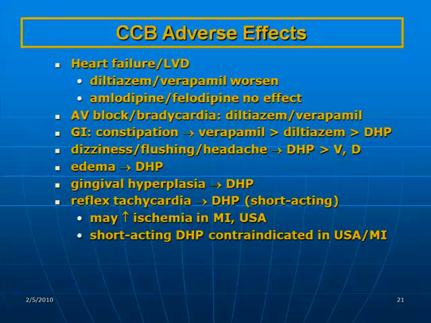Constipation, a movement of calcium in smooth muscle in the gut, appears to be much worse with verapamil than with diltiazem or dihydropyridines. One of the biggest complaints we get with chronic verapamil use, particularly in the elderly, is constipation. And so we tend to avoid verapamil. We don't use verapamil much at all for anything, simply because diltiazem is available and does, I think, at least as good a job as verapamil for most indications.